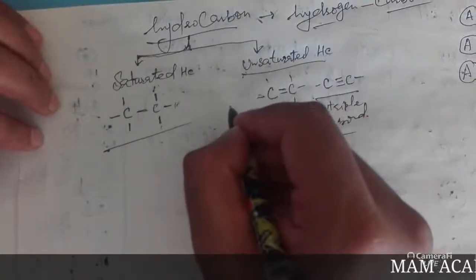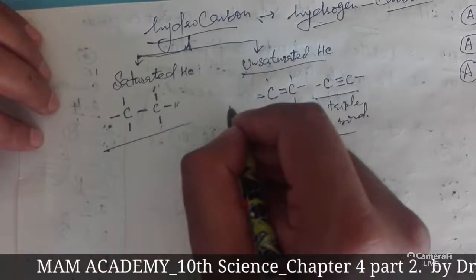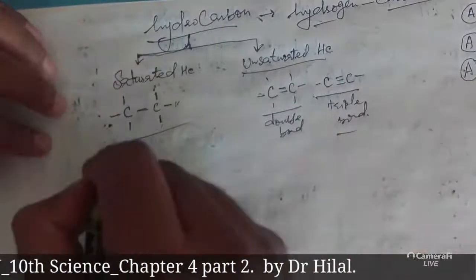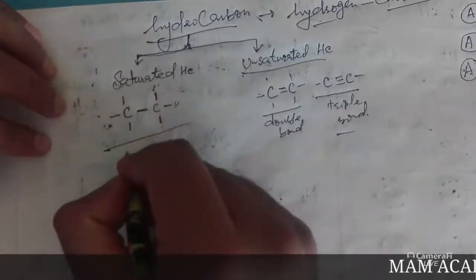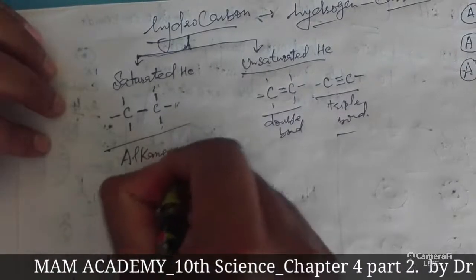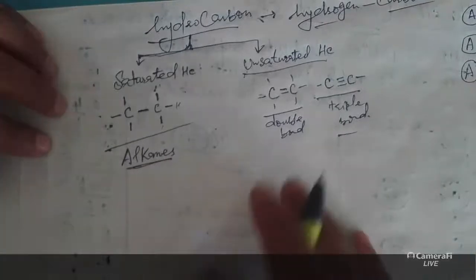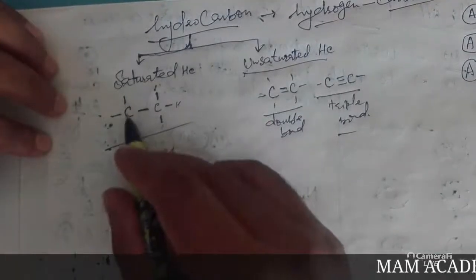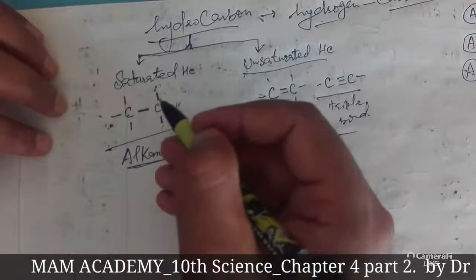So based on that, all those hydrocarbons which are saturated, we call them alkanes, A-L-K-A-N-E-S. Check the spelling, alkanes. In alkanes, the carbon atoms always have a single bond between them.